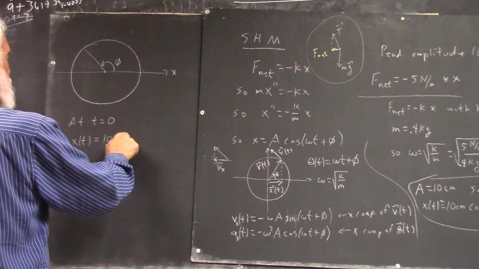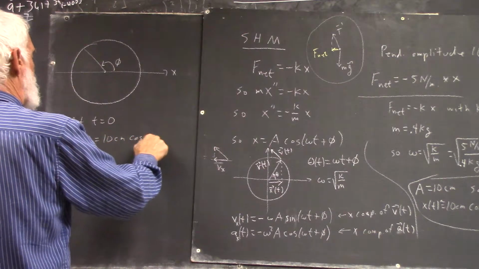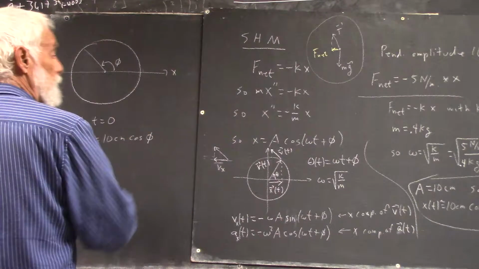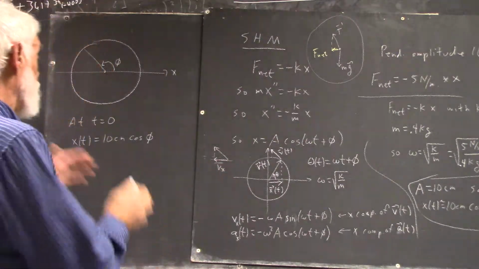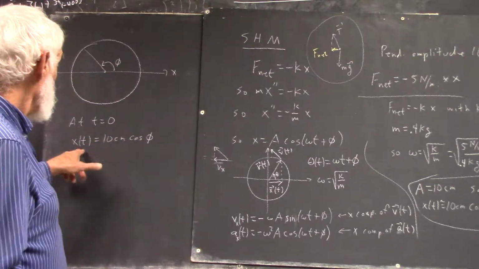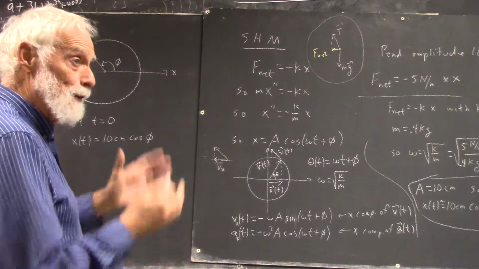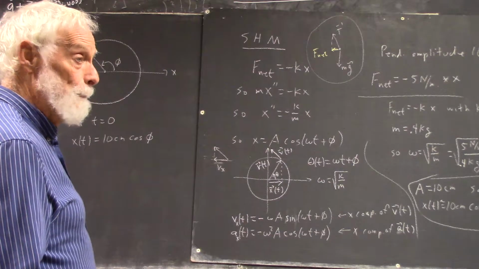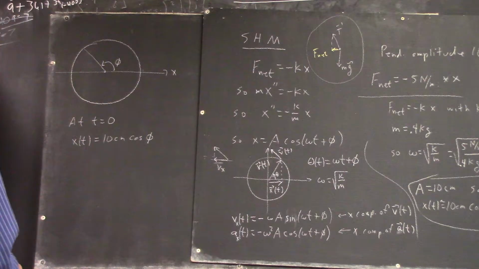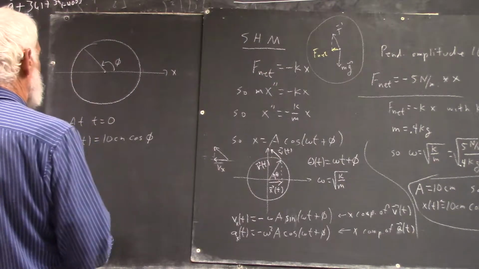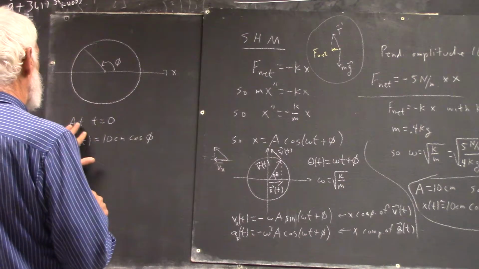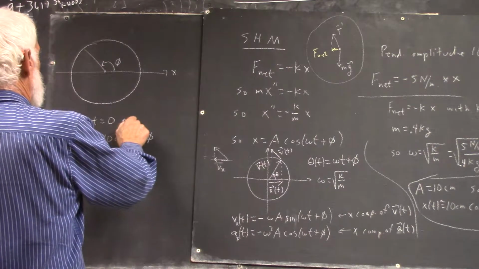Okay. Since t is 0, it's cosine of omega t plus phi. At t equals 0, omega t is 0, you just got the phi. Okay? So x of t is 10 centimeters times the cosine of phi. Let's do this a little more clearly.